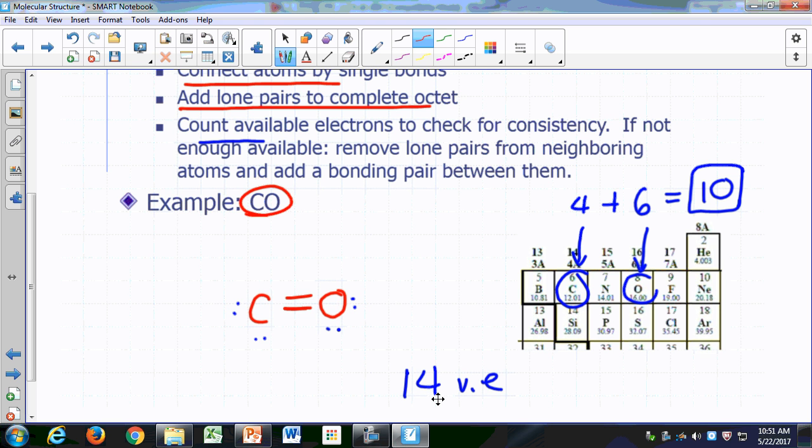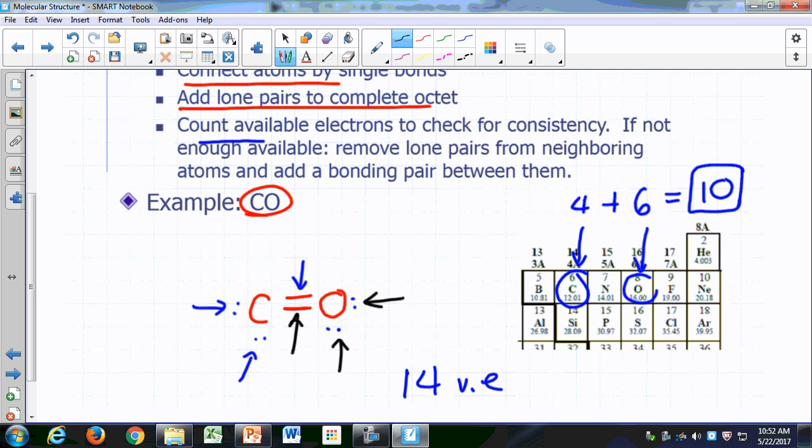That's a bonding pair now. But if you look at the structure, it still has an octet on the carbon. Look at the carbon. You have 2, 4, and then that double bond makes 6 and 8. I have an octet. Oxygen still has an octet. Okay? You have 2, 4, and that double bond makes 6 and 8.